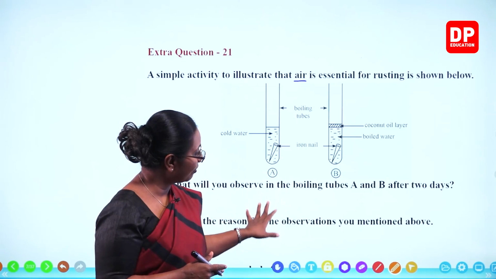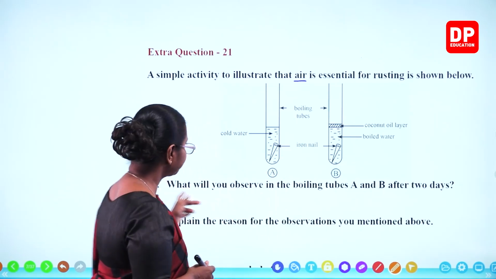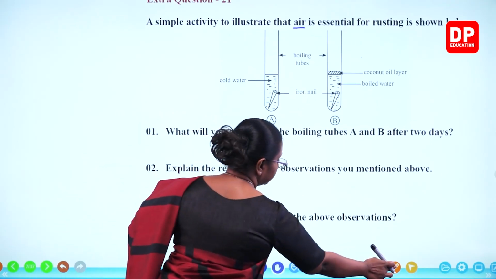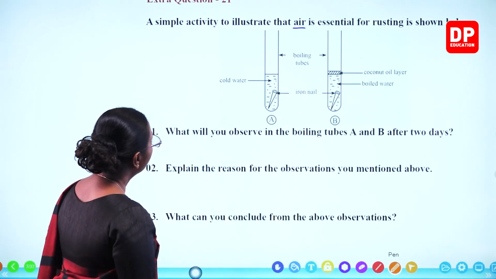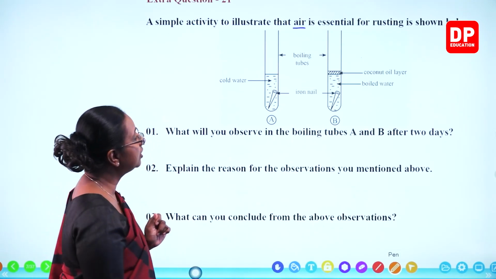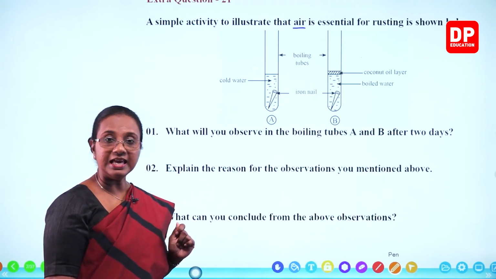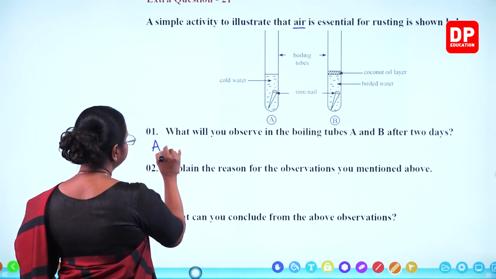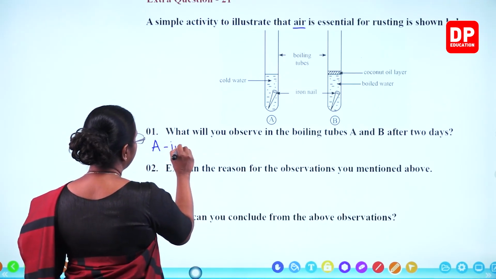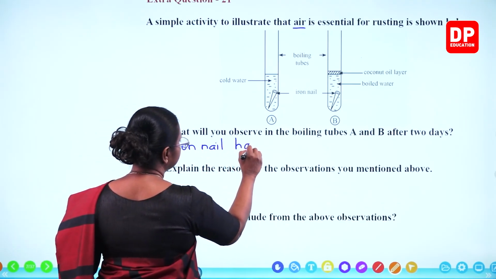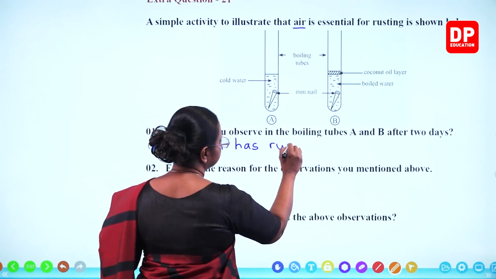So now we'll try to answer the questions. First one, what will you observe in the boiling tubes A and B after 2 days? In A, the iron nail has rusted.